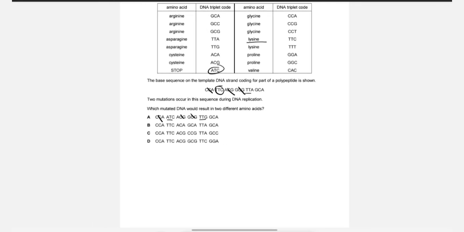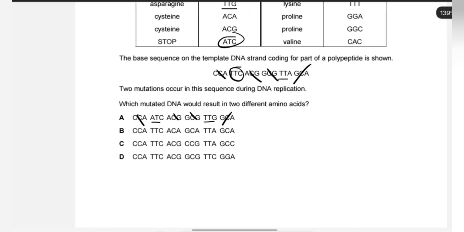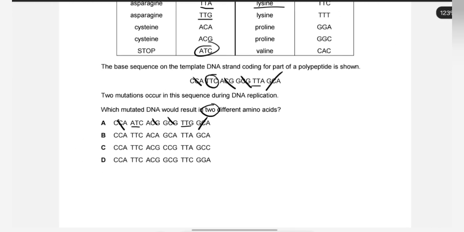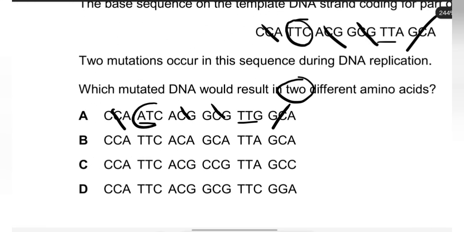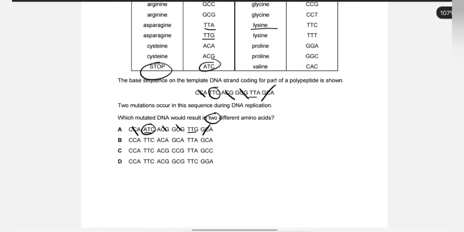TTA is coding for asparagine, and TTG is coding for the same amino acid, so there's no change there. And we have GCA, and we're looking for 2 different amino acids. Even if we considered the stop to be an amino acid, it still does not meet the requirement because we need 2 different amino acids. So A is out.